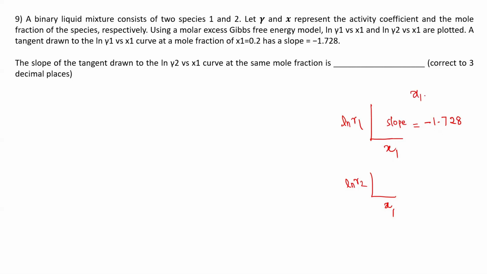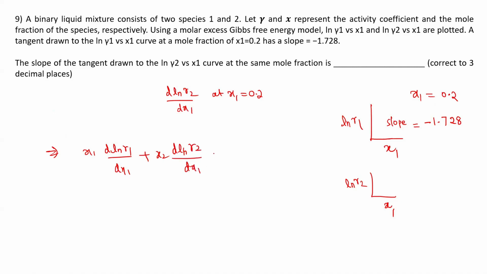And we know the slope is at x1 is equal to 0.2. So what is the slope of the tangent d ln gamma 2 by dx1 at x1 is equal to 0.2, right? Then as we have this already, x1 d ln gamma 1 by dx1 plus x2 d ln gamma 2 by dx1 equals to 0.